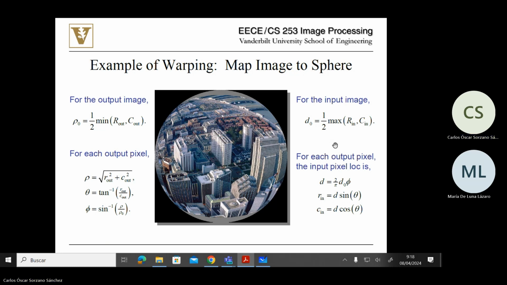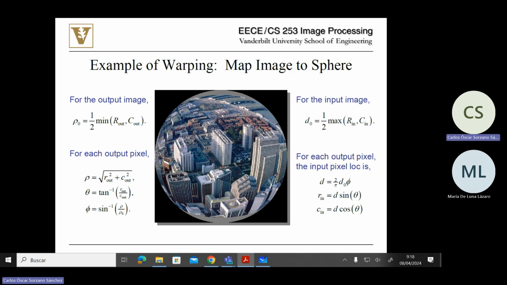So we have the polar coordinates and the next term. Now you compute, again, a similar normalization factor, but now for the input. And now you compute D, which is this normalization factor times this angle times 2 divided by pi.